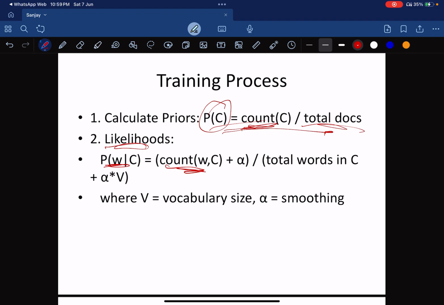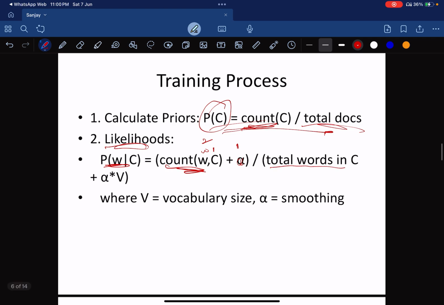For example, there are two classes and the given input is x, and it finds the number of times x occurs in class one. Say x occurs two times, then the count of w in class one is 2. This is the alpha symbol, usually considered as 1, used for smoothing.